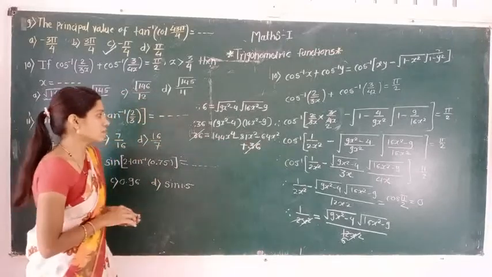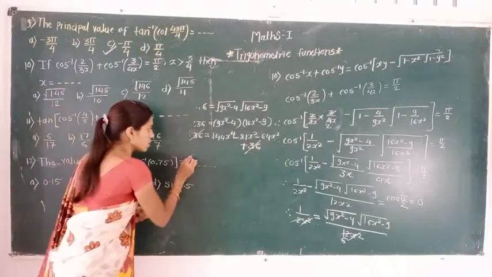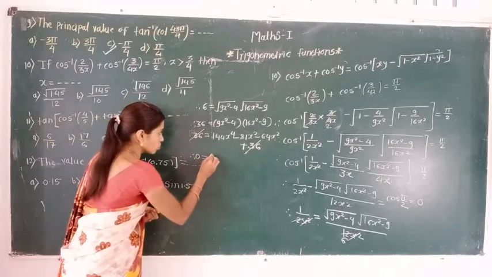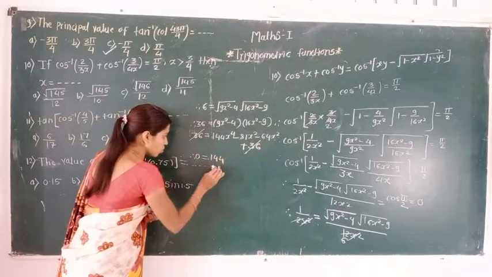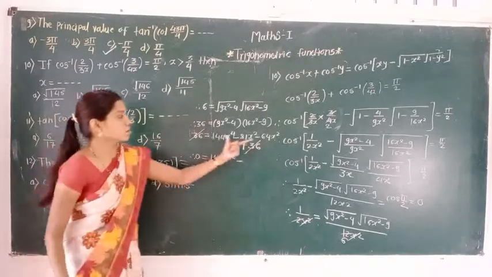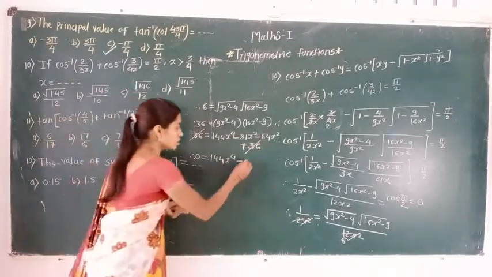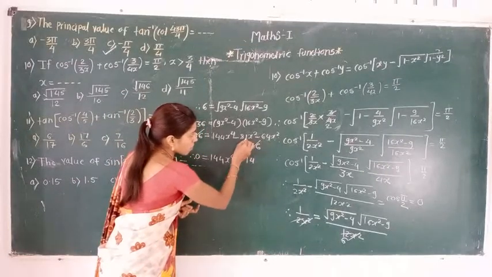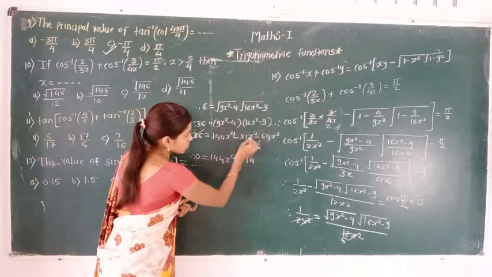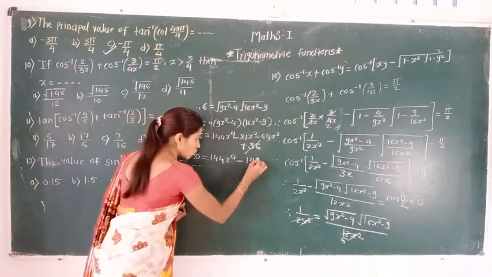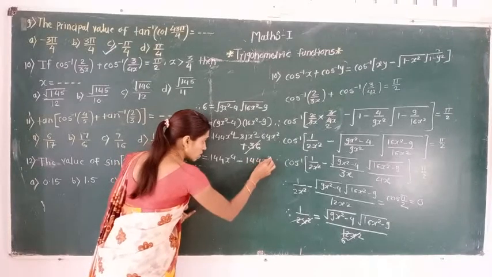this 36 term will get cancelled, then we can write here 0 is equal to 144 x raised to 4 minus the sum of these two terms: 81 plus 64 is 145, so 145 x square.